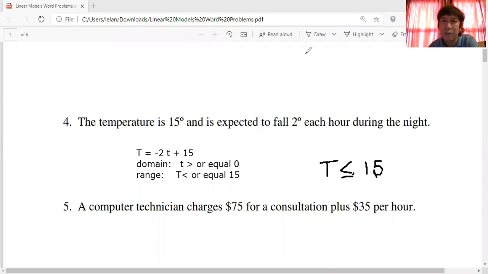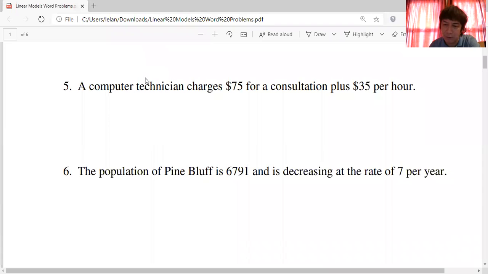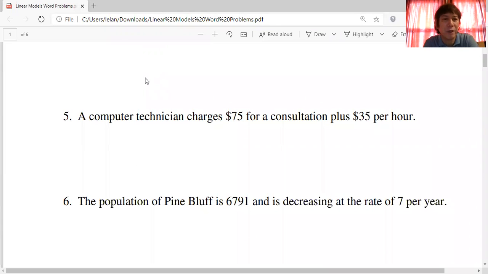And let's have our last problem, the 5th. A computer technician charges $75 for a consultation plus $35 per hour.